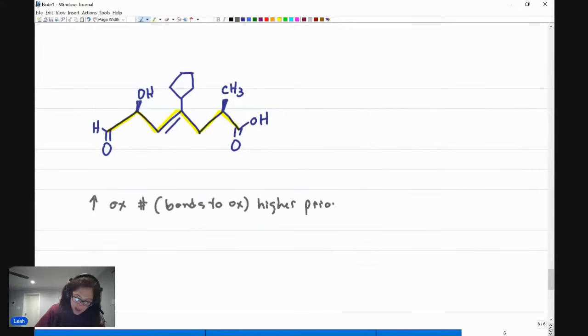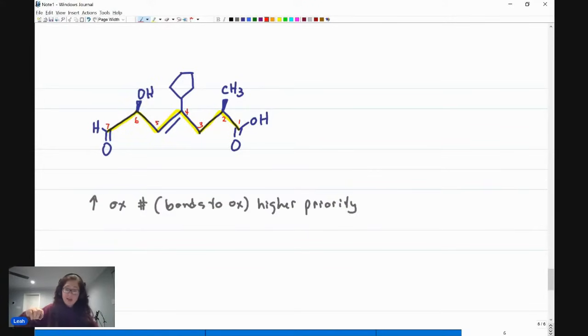So if you look at your functional group priorities, and I have a cheat sheet for this on my website, you'll see that a carboxylic acid is higher priority than an aldehyde, which is higher priority than an alcohol, which is higher priority than a chlorine because of the number of bonds to oxygen, the oxidation number. And with a carboxylic acid being number 1, I just start numbering from here and I'm good to go.